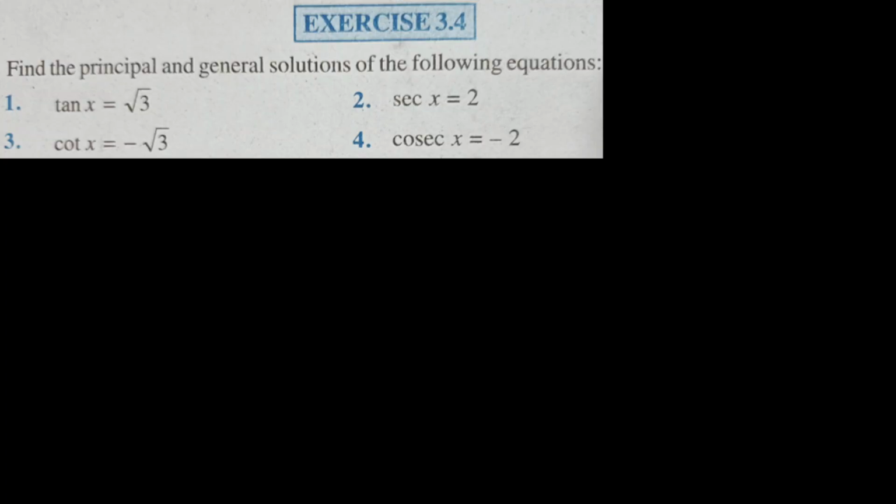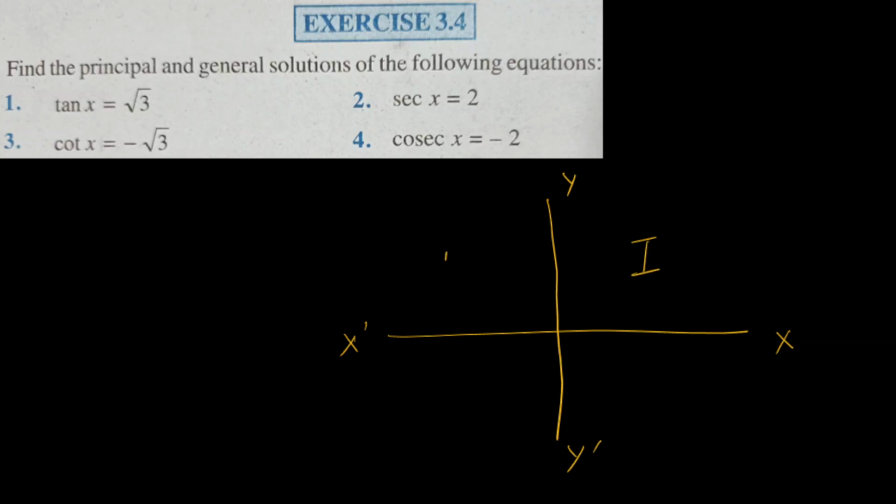Now let's start. Before I start this exercise, I just want to do a recap of a few concepts. First of all, in the Cartesian plane, this is the x-axis, this is the y-axis. This is the first quadrant, second quadrant, third quadrant, and fourth quadrant. In the first quadrant, all trigonometric functions are positive.